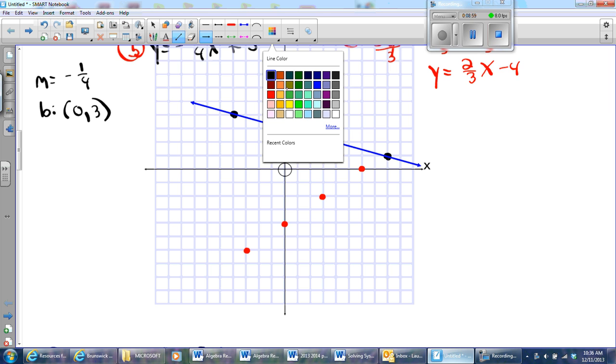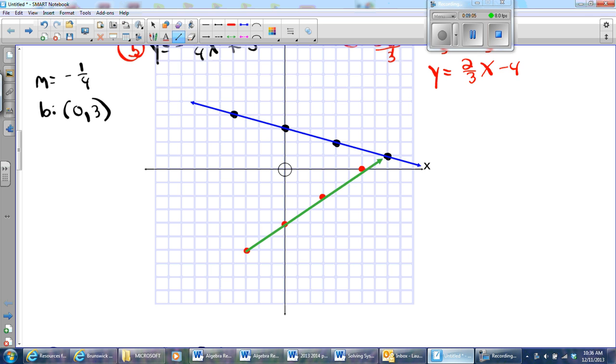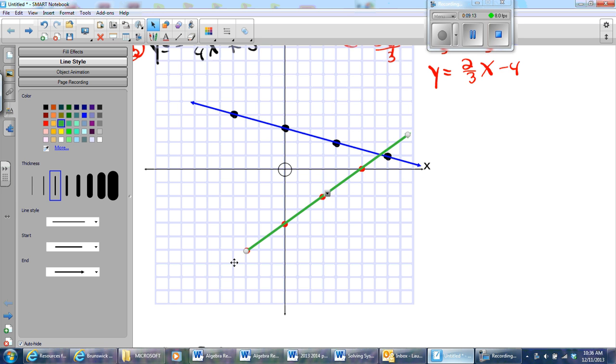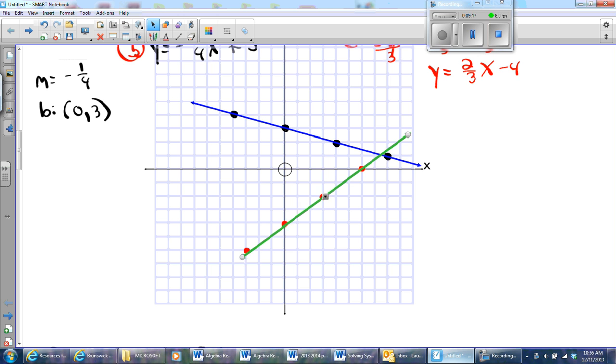All right, I'll make this line a greenish color, and I'll put an arrowhead on it. I know we don't normally do 2 lines on a graph. I'm doing it just for the less prep time. That's all. Okay, so there's slope-intercept form. Remember, y must be alone.